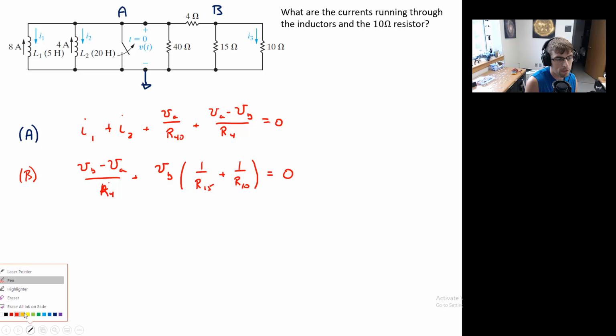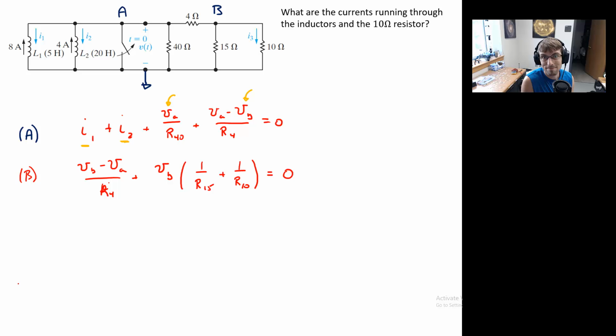For example, you can see we have both of the currents flowing through the two inductors and the node potentials. So we actually have 4 time-varying quantities here, which means we need 4 equations in order to get everything. Right?